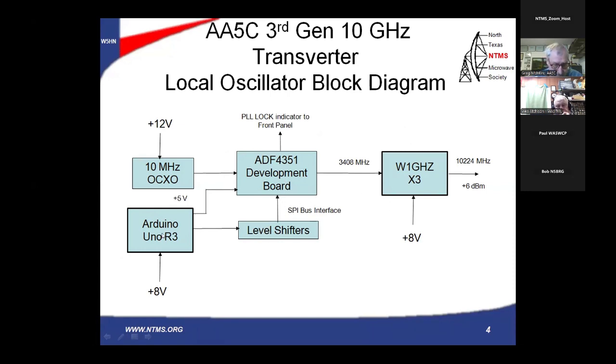So that's fairly cheap to build. You get 3408 megahertz for input to the W1GHz times 3 board. The output of the W1GHz board is plus 6 dBm, which is a pretty good level, as it turns out, for input to the transverter board.